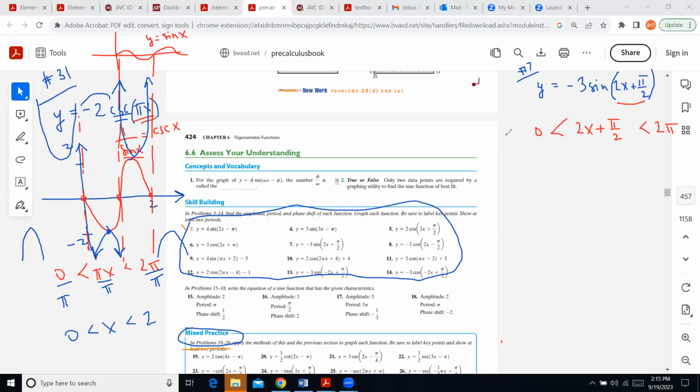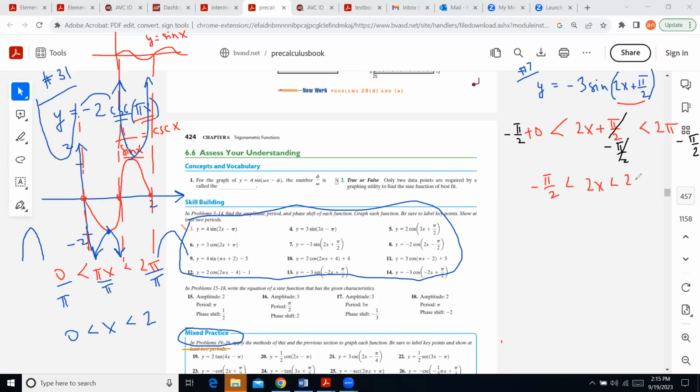I'm going to subtract pi over 2 from everywhere. So we get 2x isolated in the middle. And then we need to get rid of the 2 with x, and we're going to use a half, right? So 0 minus pi over 2 is just negative pi over 2.